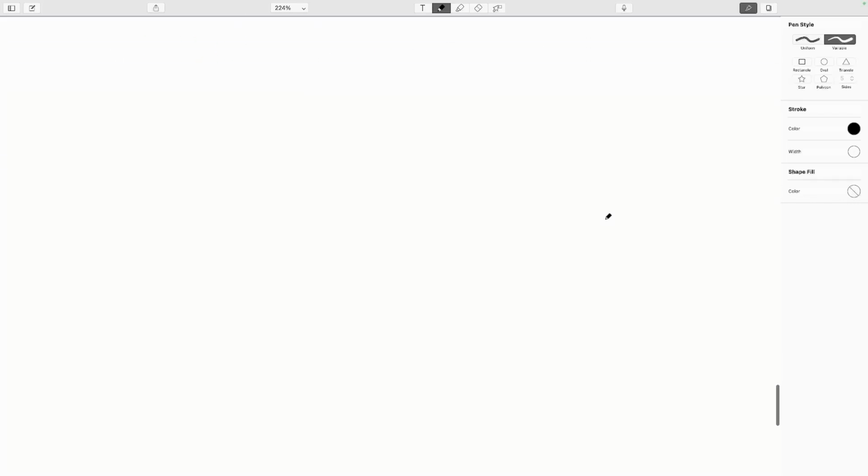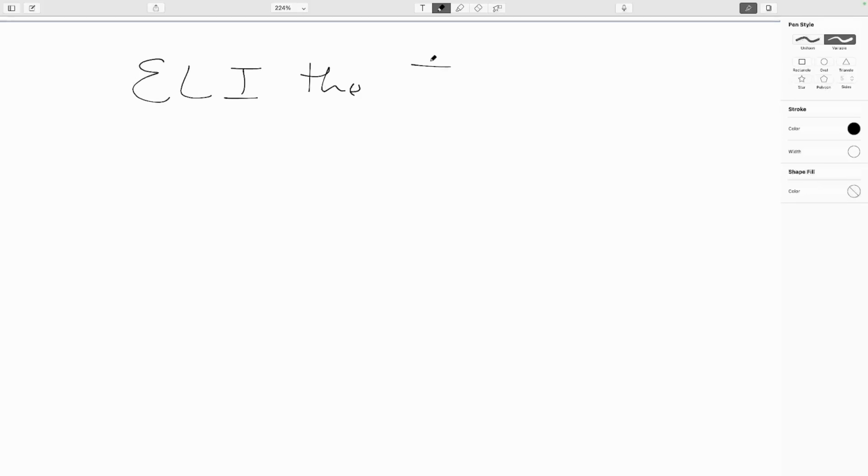So let me just give you a quick mnemonic for how to remember that. The mnemonic goes: always remember your friend, Eli the Iceman. The way that you read this is, in ELI, the L means inductor.